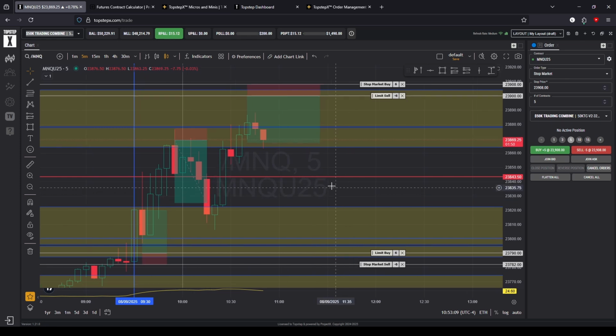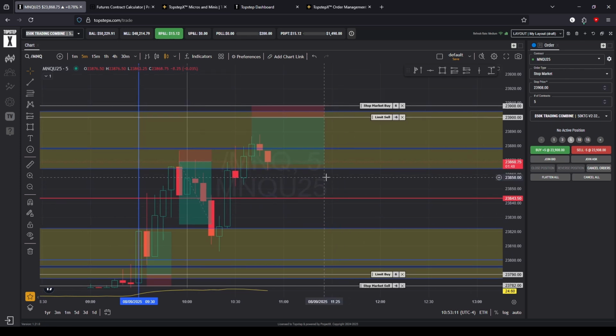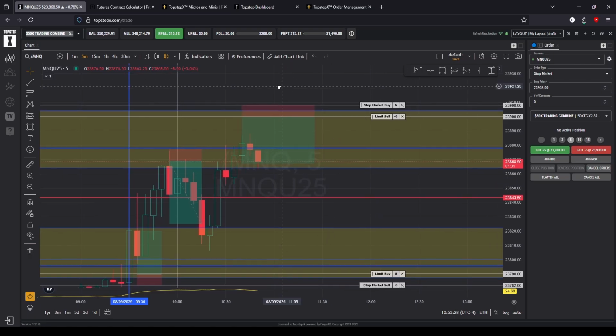So I'm thinking about all of these things that could happen, and then I'm thinking about which places could be an opportunity for me to take a trade, and which ones are more probable.